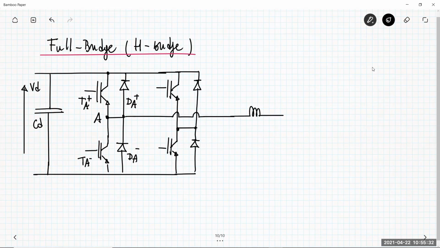Here we have the load. This is the node B.